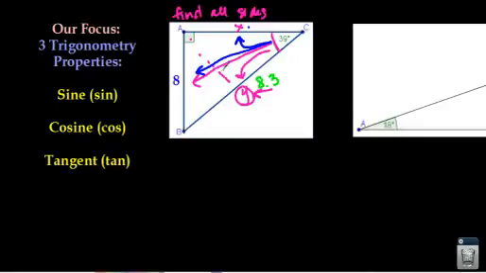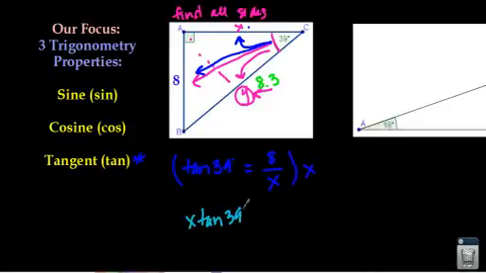So opposite and adjacent, that is tangent. I'm going to use the tangent of 39 degrees, and that equals the opposite side, which is 8, over the adjacent side, which is x. Same idea, we multiply both sides by x, and we end up with x times the tangent of 39 degrees equals 8.